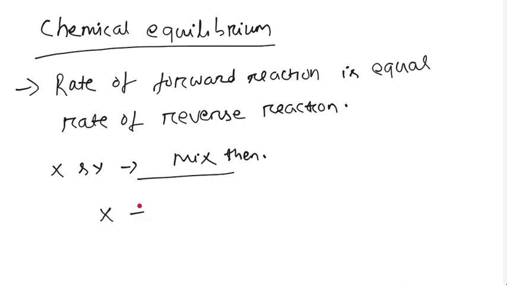Suppose X plus Y are producing C plus D. This thing is called a chemical reaction, where X, Y at suitable temperature and pressure rearrange themselves into another form, that is C and D.